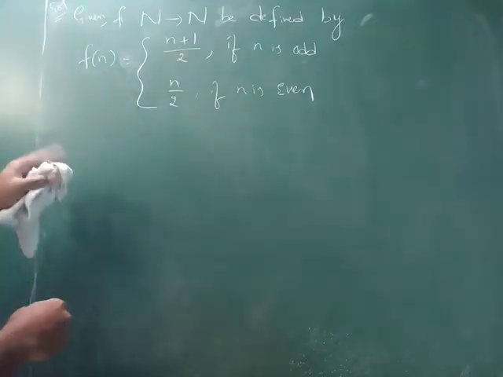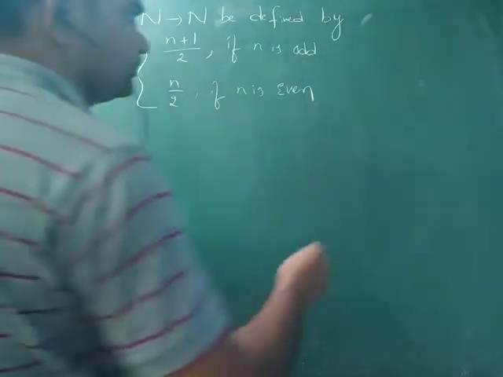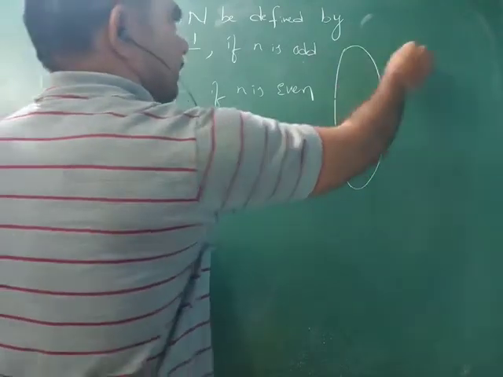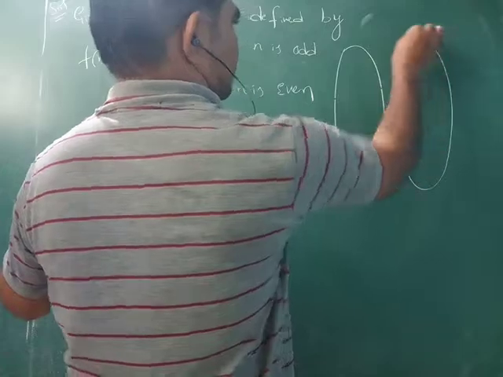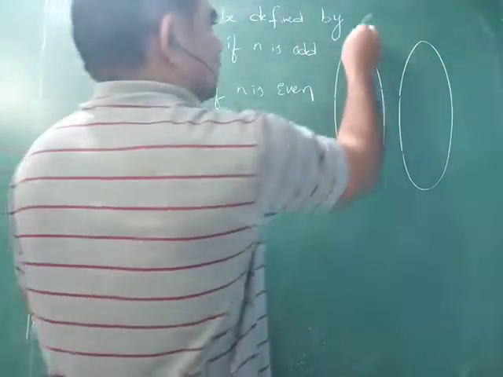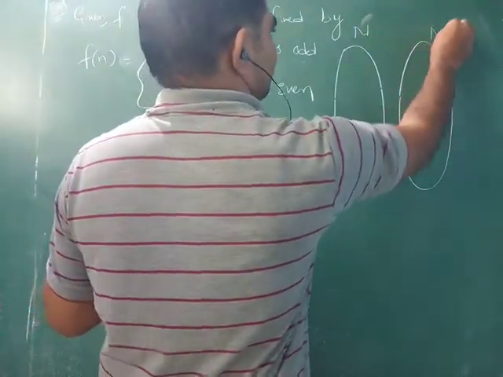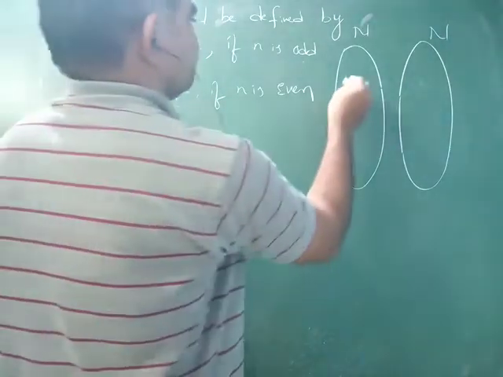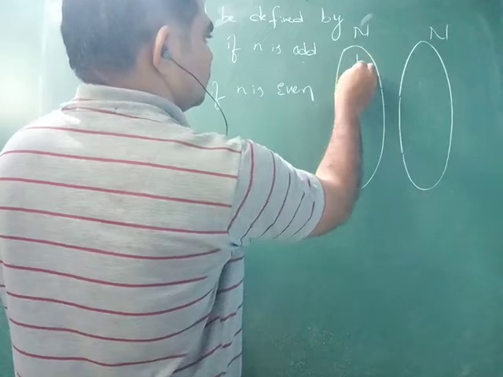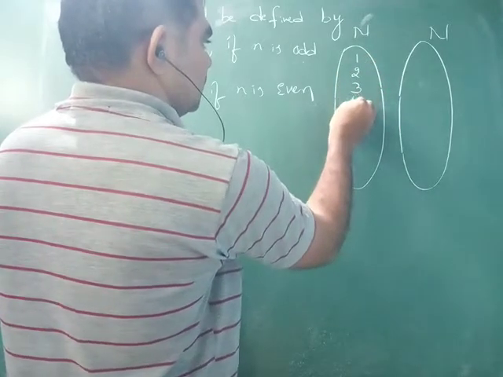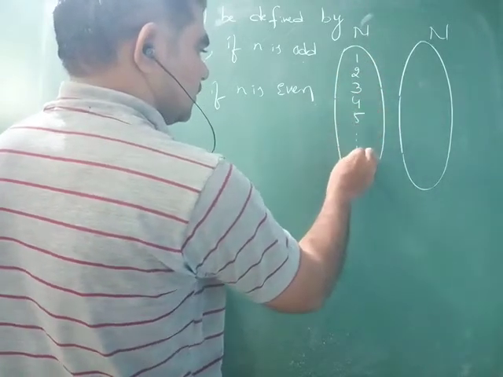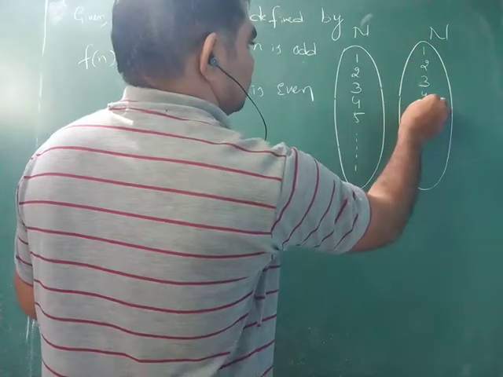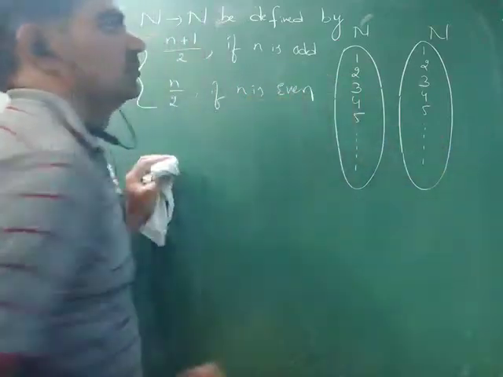N to N, natural numbers to natural numbers: 1, 2, 3, 4, 5, and so on.